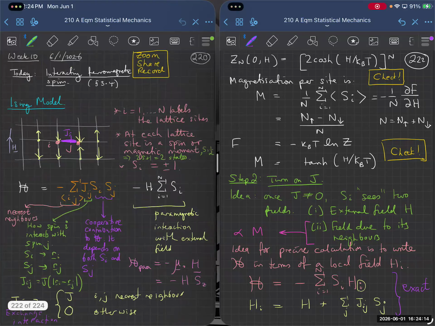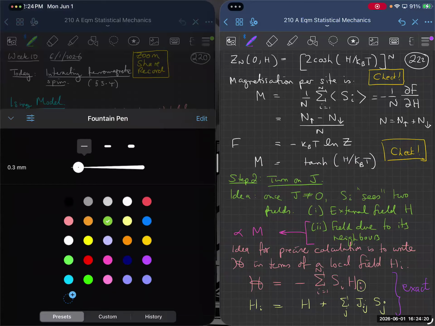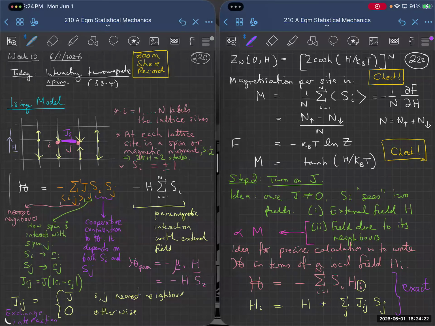If you go back and look at the term on the left-hand side, here's our Hamiltonian in the middle of the page. If I put this h_i into the paramagnetic interaction on the right-hand side and plug it in, then the h gives me this term, and this term put in here gives me this term.